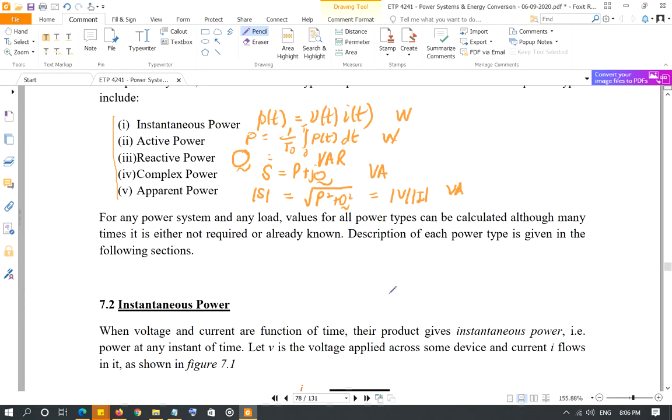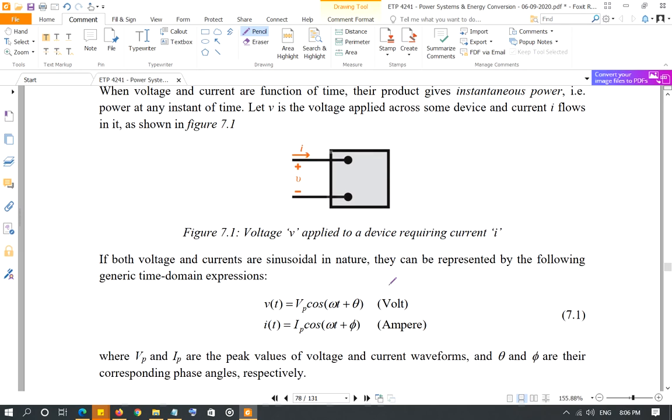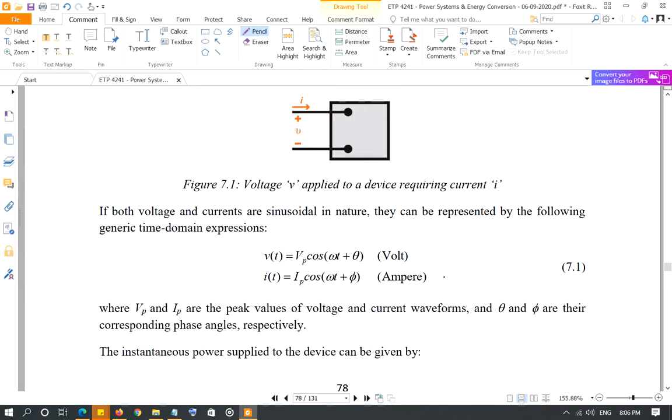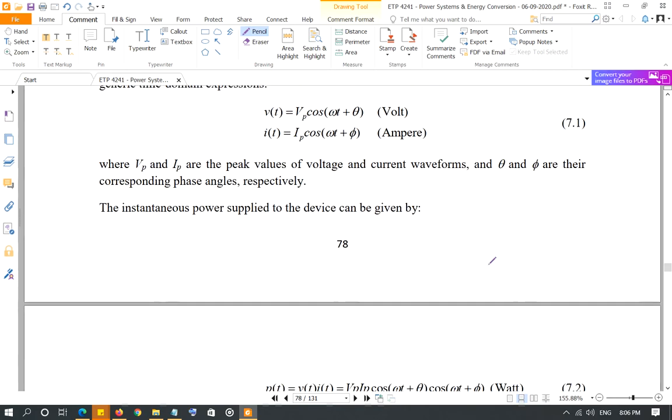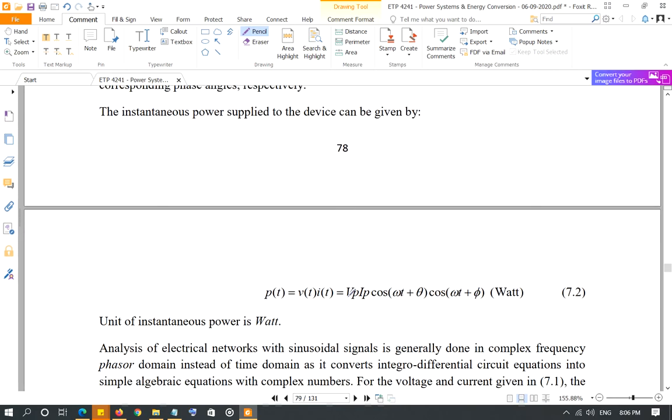So we discussed instantaneous power. If your voltage signal is a cosine signal, Vp cosine of omega t plus theta, and the current signal is Ip cosine of omega t plus phi, of course Vp and Ip are the peak values, and theta and phi are the respective phase angles. Then instantaneous power is the product of these two, as you can see. So you multiply both of these together and you get this.